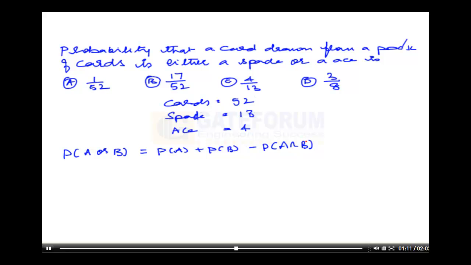Here both the events A and B are independent of each other, meaning occurrence of spade is not influenced by ace. Therefore, the probability of drawing a spade here is 13 by 52 plus probability of drawing an ace is 4 out of 52 cards minus there is a card which is both spade and ace, therefore 1 by 52.